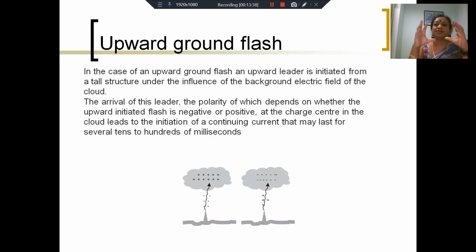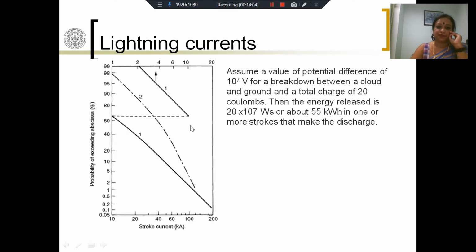This entire discharge process, by which the entire charge in the clouds is dissipated to ground through an upward ground flash initiated at the tip of a tall structure, may last several tens to hundreds of milliseconds. And as I said, this can be both positive or negative. So you can have downward positive, negative, and upward positive, negative.